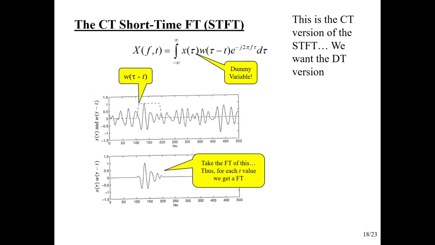So here's a little picture. This solid curve is the signal. I'm showing it as a function of tau. And I'm doing this for a particular t value, so maybe around 160 or so, wherever the center of that is, where I might be referencing that little t. And you can see it's 0 out here and it's 0 out here.